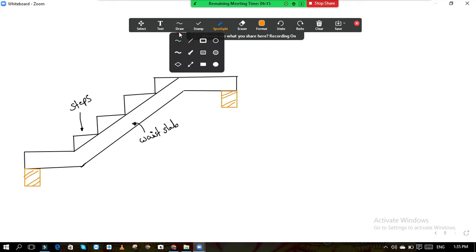Now here I will draw the same. Suppose this is the center of this landing slab, the center for this side, and this is the center for this side.